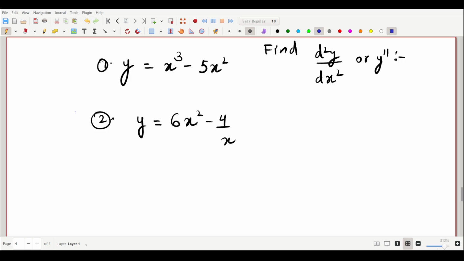In order to do so, you have to find the first derivative first, y dash, and then from y dash you can find y double dash by using the same approach. Are you doing it? Yeah. Okay.